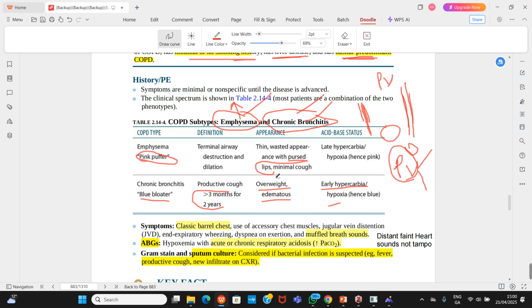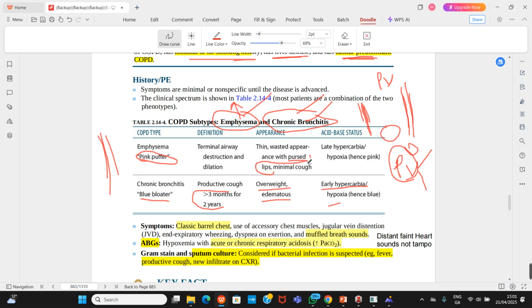That is pursed lip breathing. They do that to reduce the airway resistance so that air can easily go out during expiration. But they exert a lot of energy, and you see them panting, in respiratory distress. All those things consume a lot of energy. So they appear wasted. They don't look overweight or edematous like chronic bronchitis.